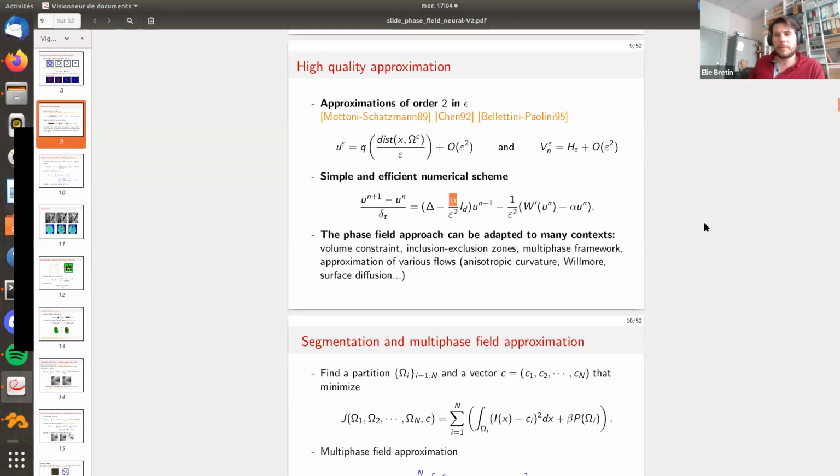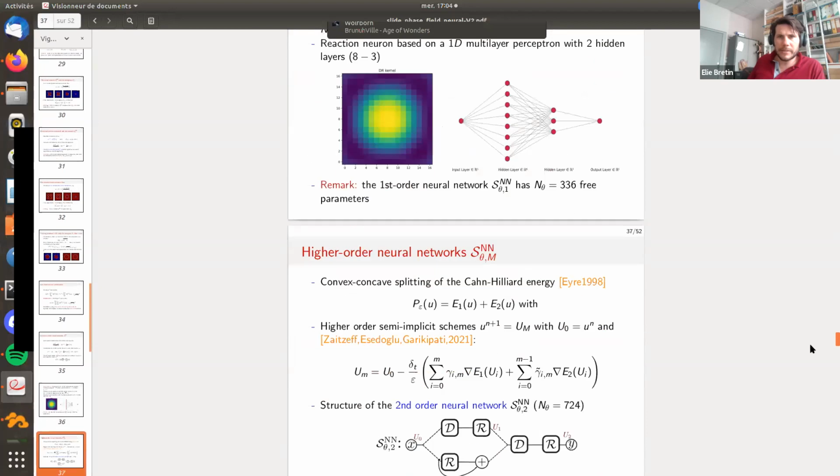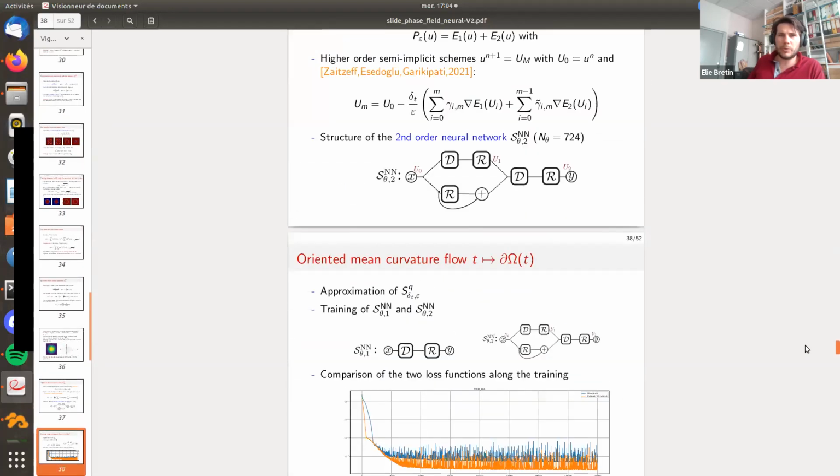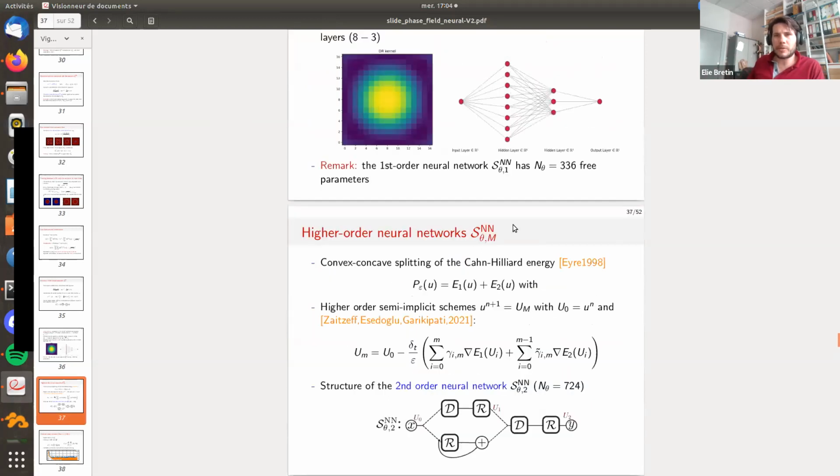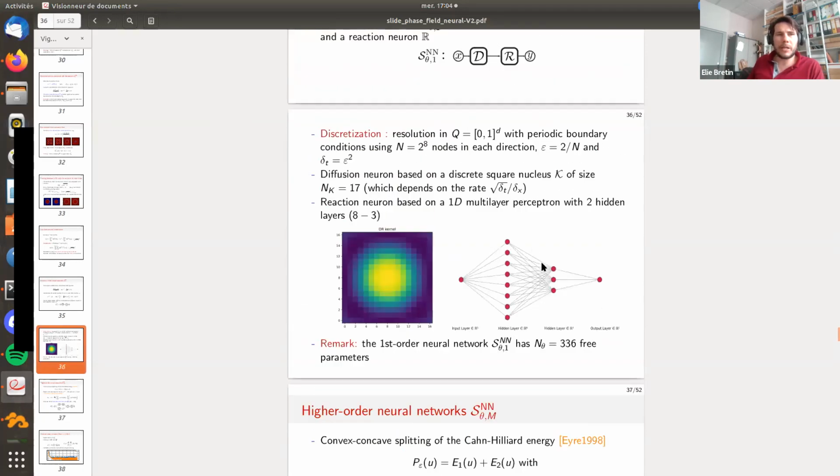And so, at the beginning, we only tried to optimize alpha and also the kernel associated to the diffusion operator. Then we saw that it was not sufficiently large, and that the reaction operator can be optimized with one function.